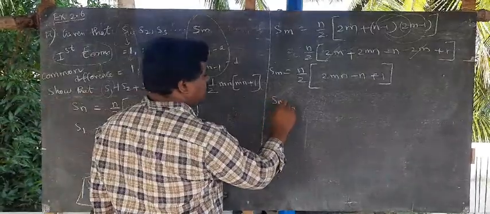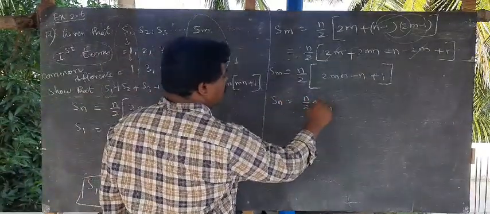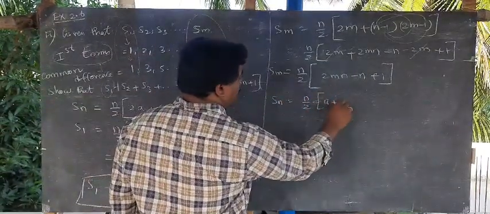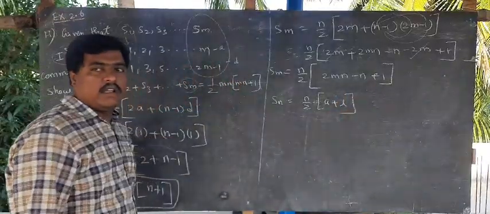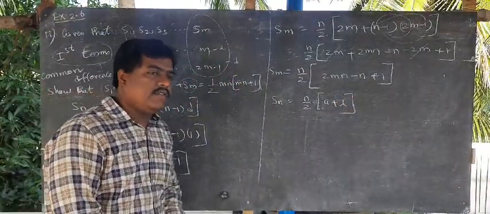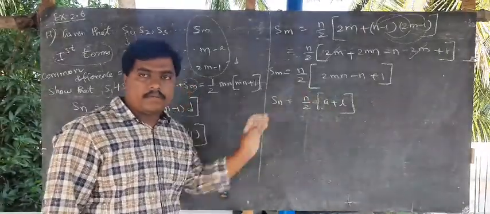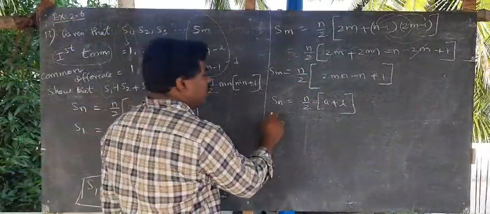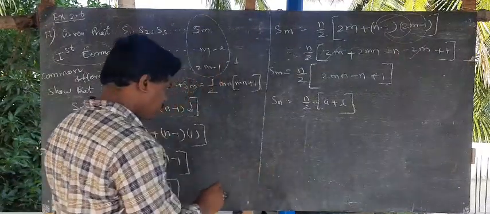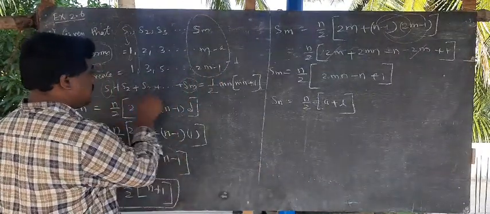So Sn formula is what? n by 2, a plus l. This is the formula when the first term and last term are given, we need to use this formula. Right? So Sn. Here the series up to Sm we need to find.